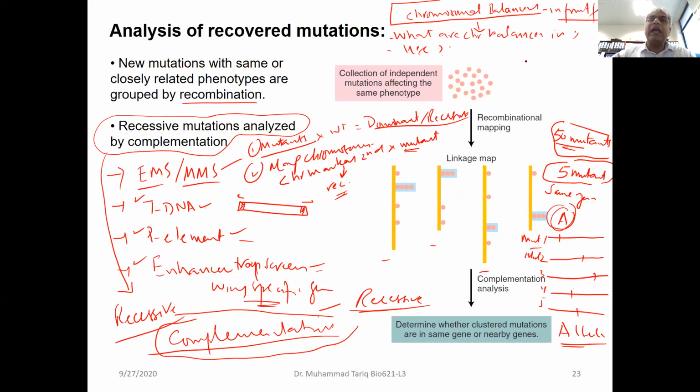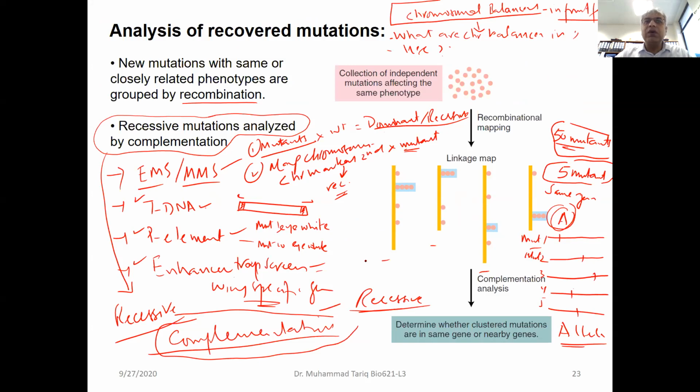Let's say we have a phenotype: eyes are white, and it's recessive. This is our mutant 1. Mutant 2 also has white eyes in the fly, and it's also recessive.